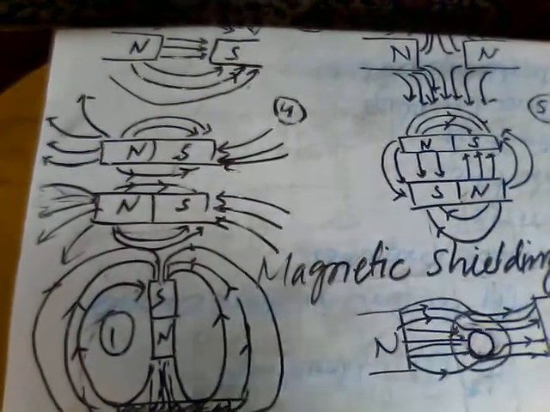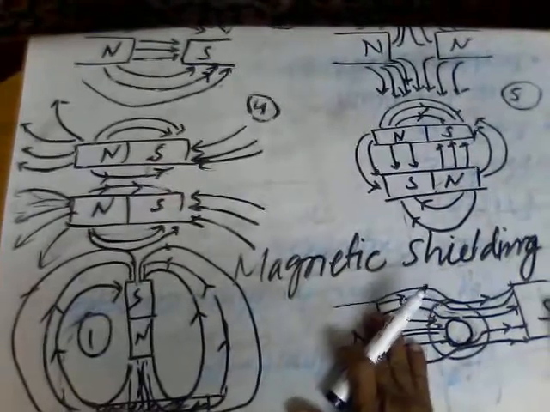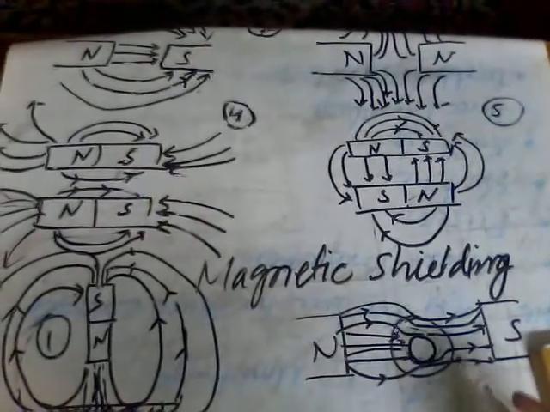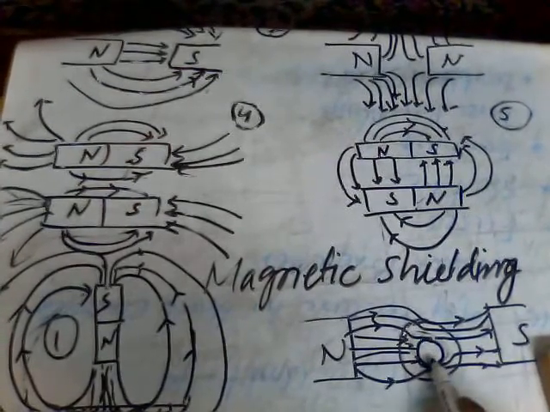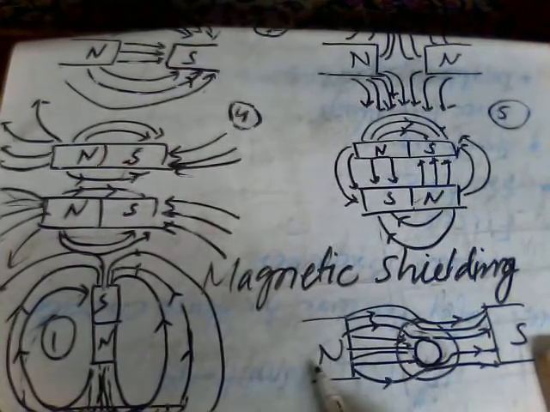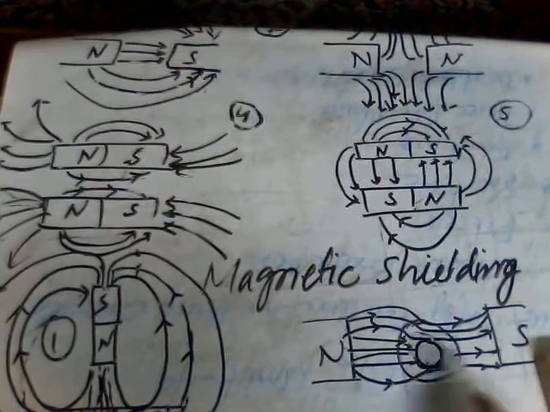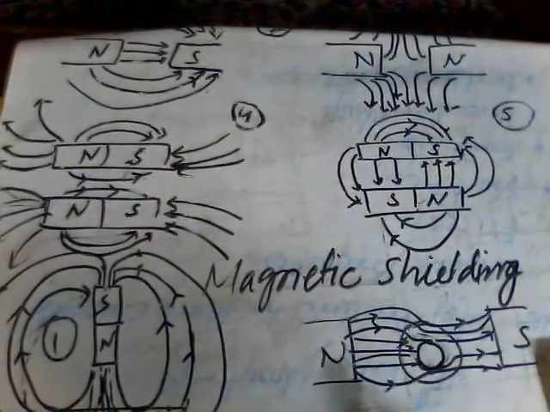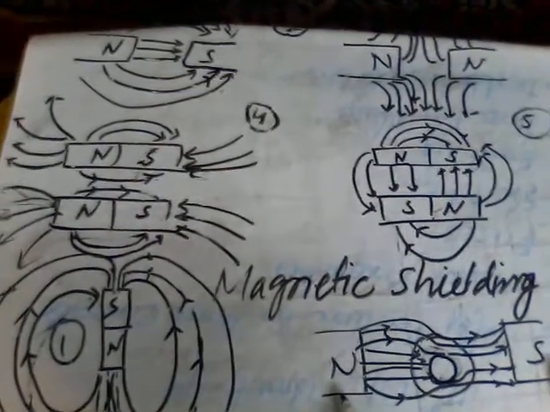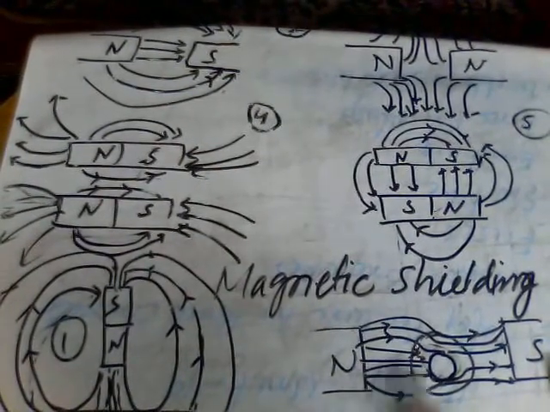In the other figure, on the right side, there is a plate, a disc hollow from the center, and along with it two magnets, one north pole and one south pole. We have studied that the lines of force always start from north to south.